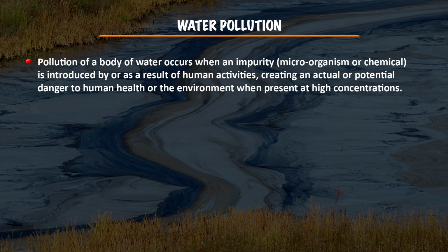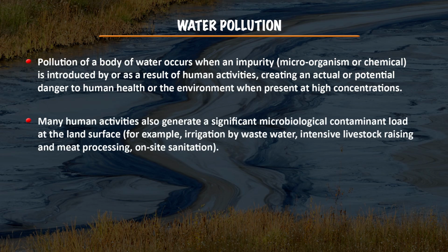Pollution of a body of water normally occurs when an impurity, like a microorganism or any chemical, is introduced by or as a result of human activities, creating an actual or potential danger to human health or the general environment when present at high concentrations.